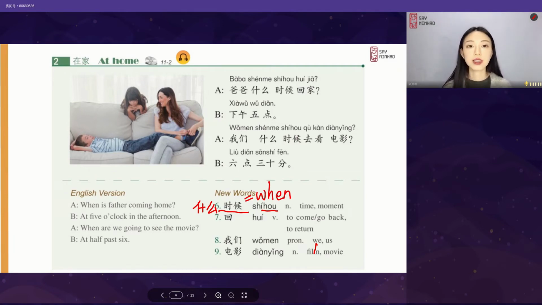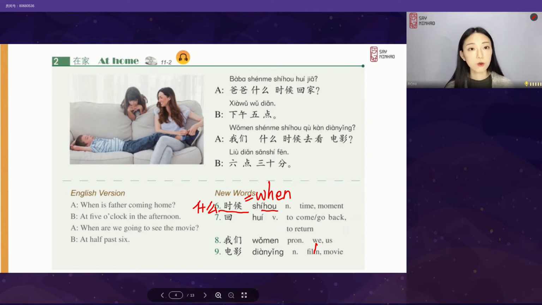Next, try to say when to eat. When to eat. It is 什么时候吃饭? We just learned from text 1 that the time word is before the verb. So the time word 什么时候 must be before 吃饭, okay? 什么时候吃饭 means when to eat.